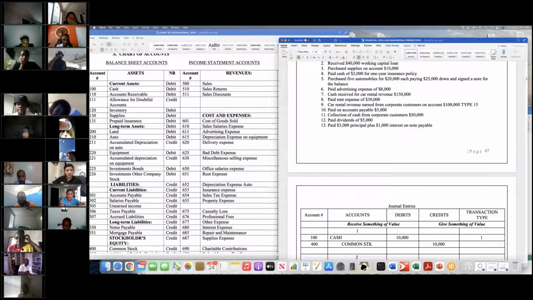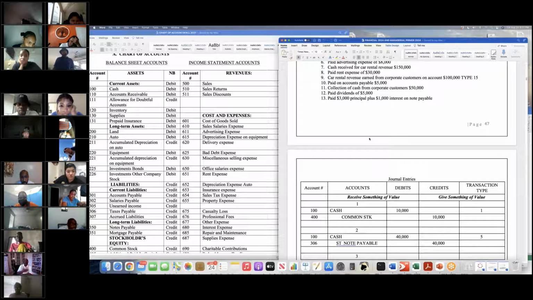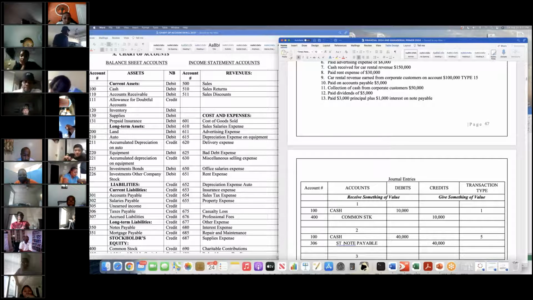Accounts payable is when you buy some merchandise. So what else could you credit over here? Is it accounts receivable? No. It's notes payable, short-term notes payable. An account receivable is something that's going to come to you later, but when you borrowed money, you've got to pay it back. Just like those student loans, you get cash, then you've got to pay it back. So this is an example of a student loan.